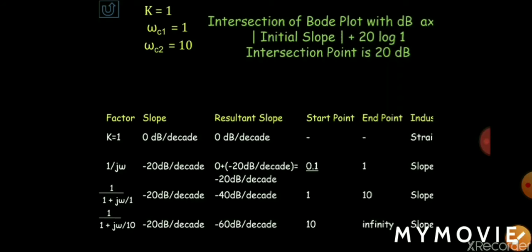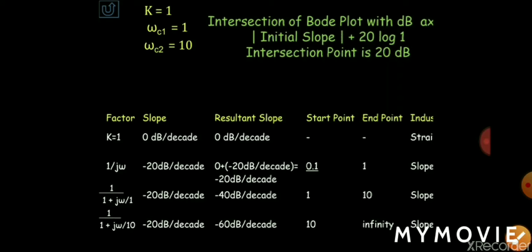Similarly, next is the third simple pole, which means minus 20, and previously we had minus 40. So minus 20 plus minus 40, you will get minus 60 decibel per decade.